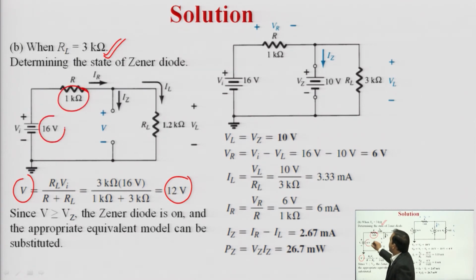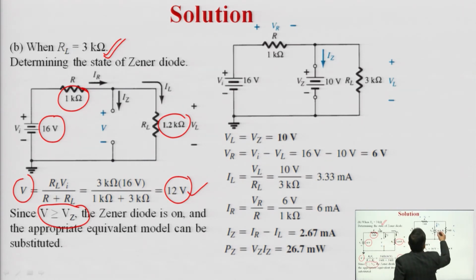This 16 volt will be divided across 1 K and 3 K. If this voltage is 12 volt, it is clear that this open circuit voltage is greater than Vz. This condition is true. Once this condition is true, the equivalent circuit will be that the diode is replaced by a battery of 10 volt.